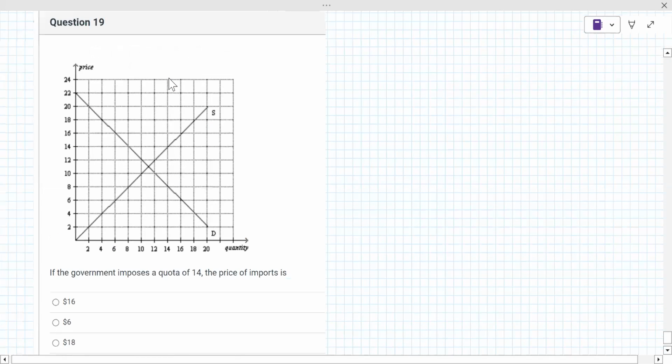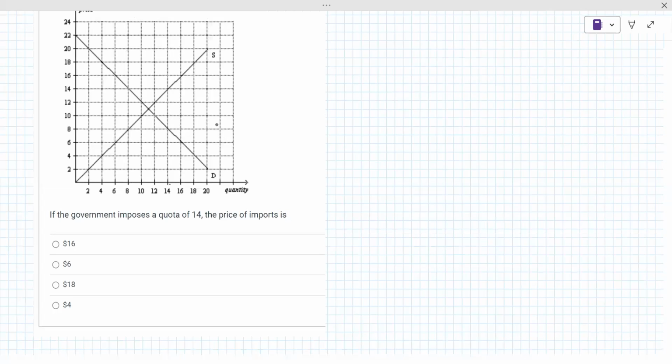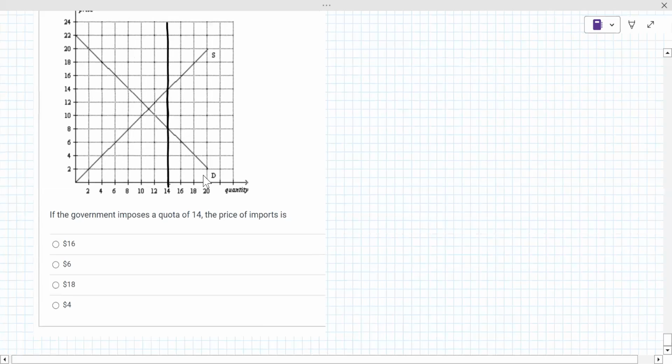So question 19 here, if the government imposes a quota of 14, price of the import is... They're basically saying you cannot do more than this. But the problem is we know that at that quota, the supply price is 14 and the demand price is 8. This is a problem because it's not at the market equilibrium.